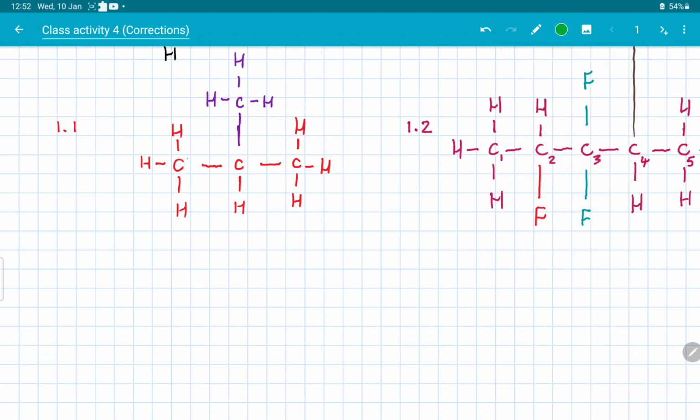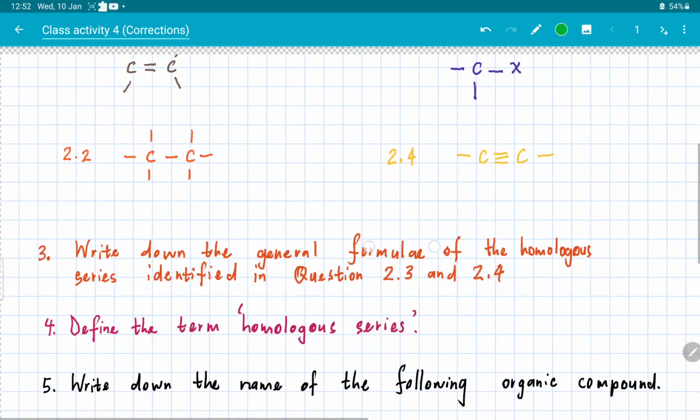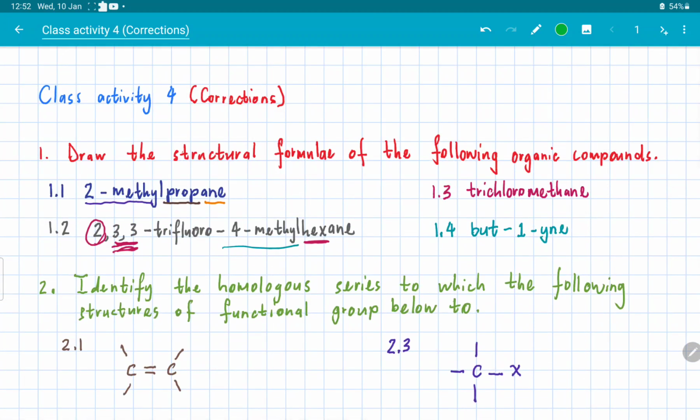If I go to 1.3, trifluoromethane is very easy. Methane means there is one carbon, methyl, one carbon. It is an alkane, but a haloalkane because there are halogens there.